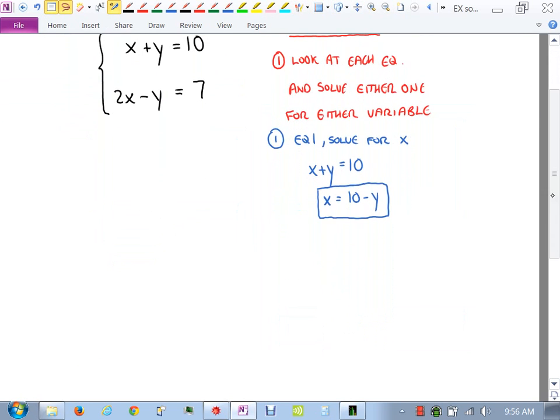All right. Now, step 2. Substitute the answer from step 1 into the other equation.